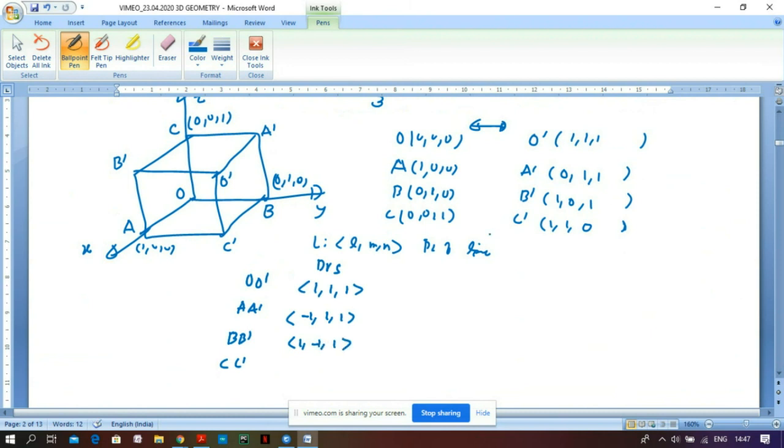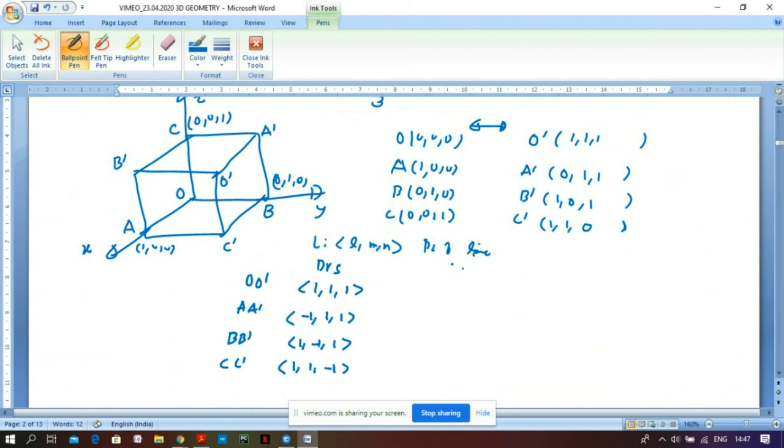And if I write CC prime, then again I will get (1, 1, negative 1). So the negative sign moves: A corresponds to the first, B corresponds to the second, and C corresponds to the third. Quite beautiful symmetry. So we got the direction ratios of OO prime, AA prime, BB prime, and CC prime.